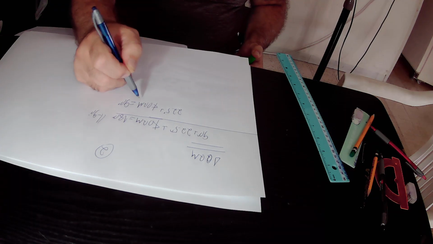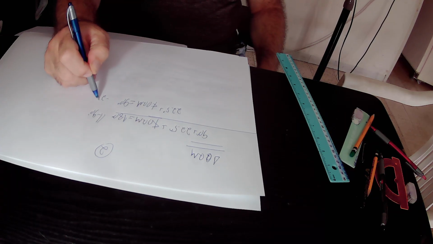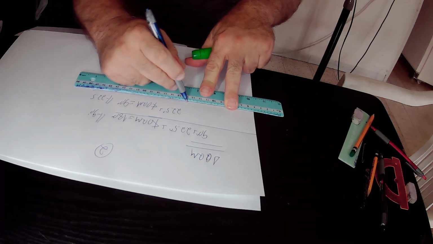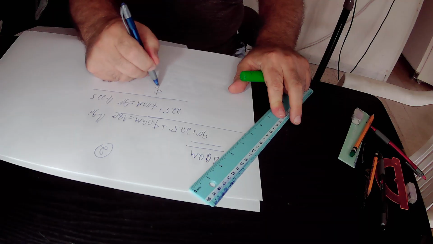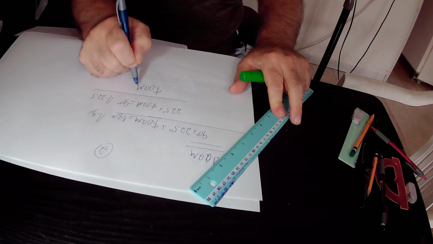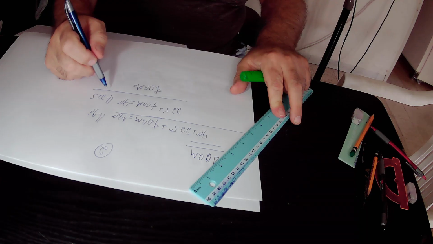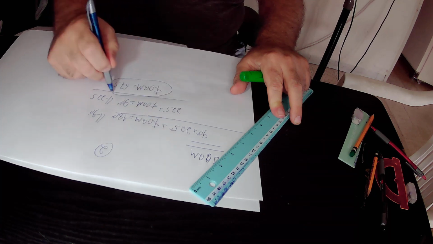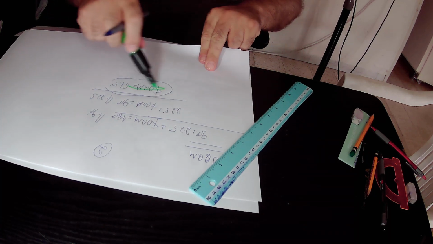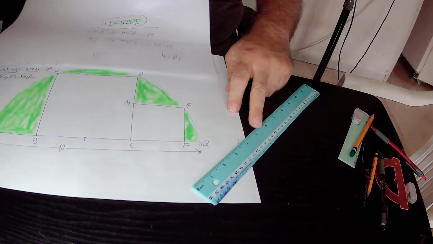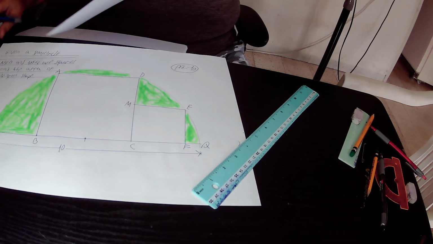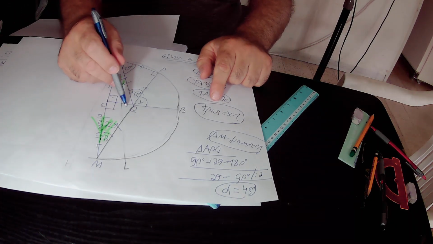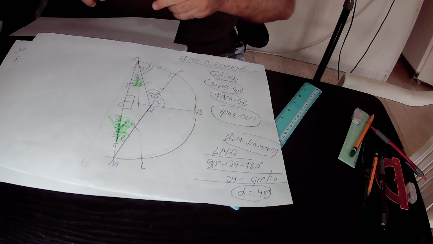Here we will subtract 22.5 degrees from this equation, and we get that the size of the missing angle OQM is equal to 90 degrees minus 22.5 degrees, which is 67.5 degrees. So we found out that the size of this missing angle OQM is equal to 67.5 degrees.